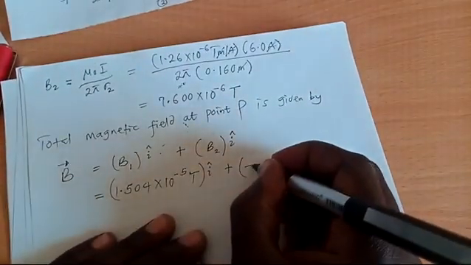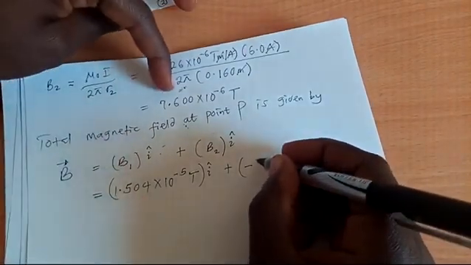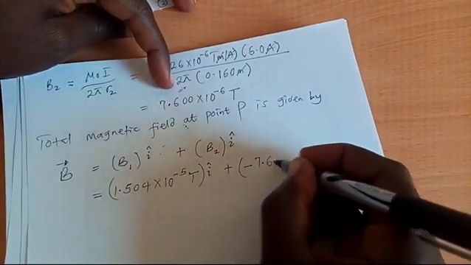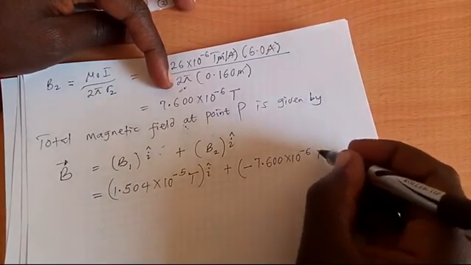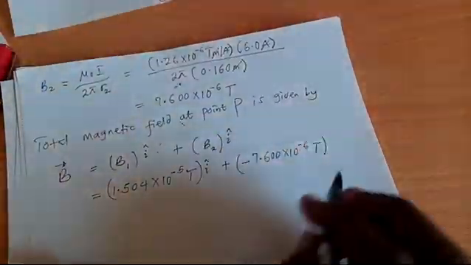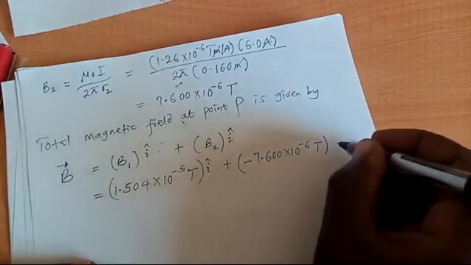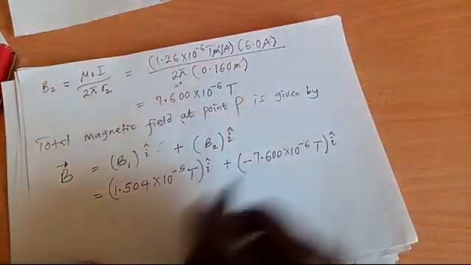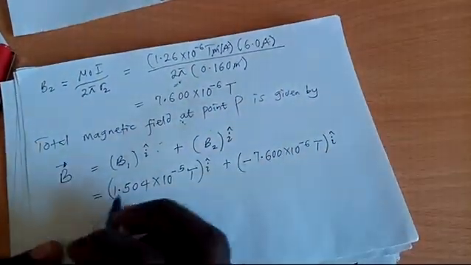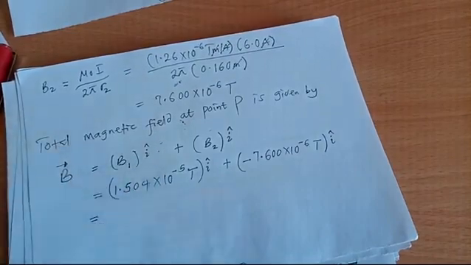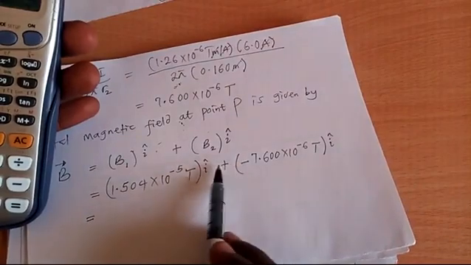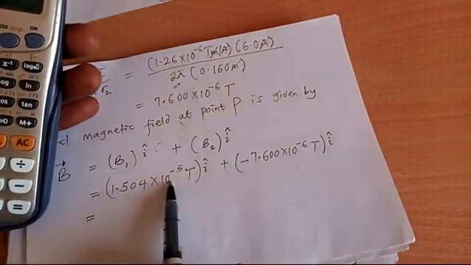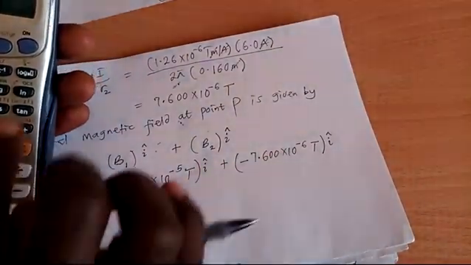So we give it a negative sign: negative 7.600 times 10 raised to the power of negative 6, also in Tesla. Then its direction is also i hat along the x direction. So plus and minus will be minus, so at the end you will be saying this minus what you have here.